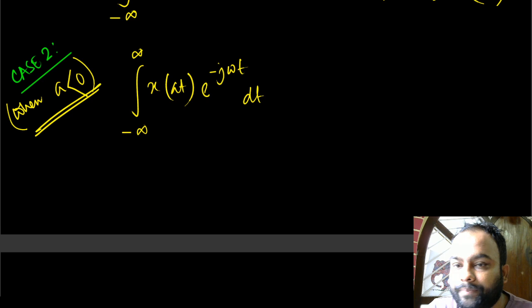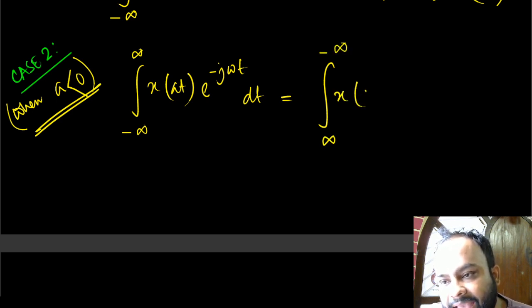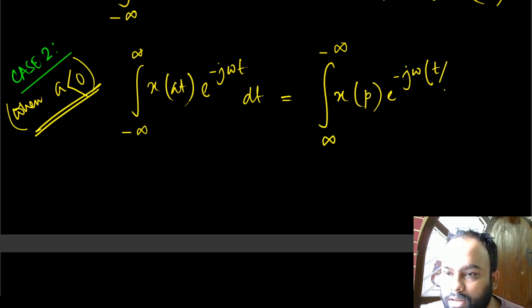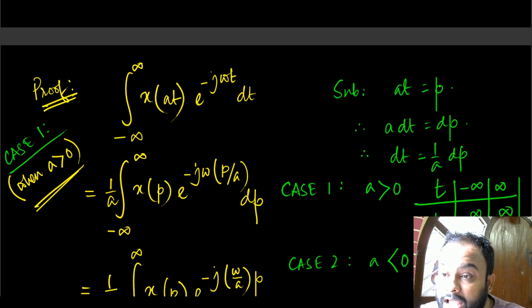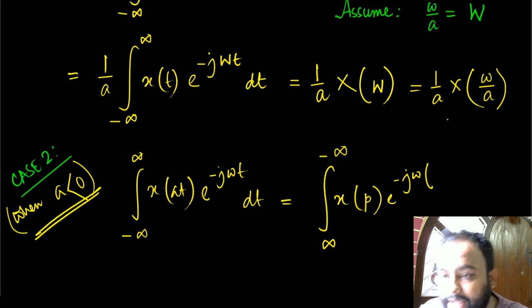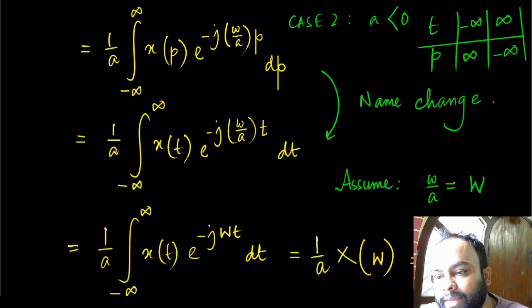If I now do the substitution, the limits will be reversed. This will be from infinity to minus infinity. X at would be x of p, e to the power minus j omega, and instead of t I would write p by A. And instead of dt, I would write 1 by A dp.